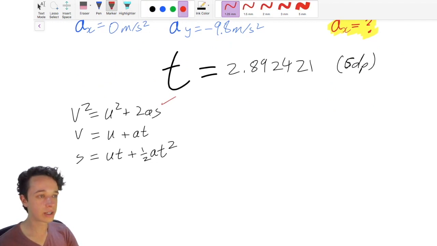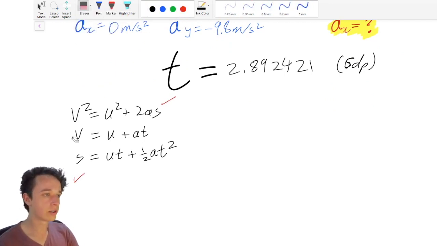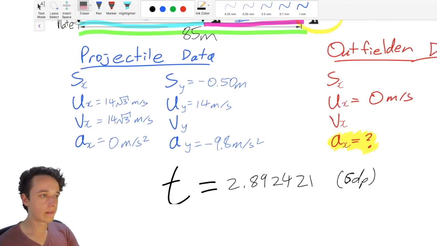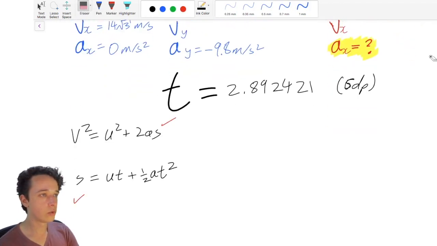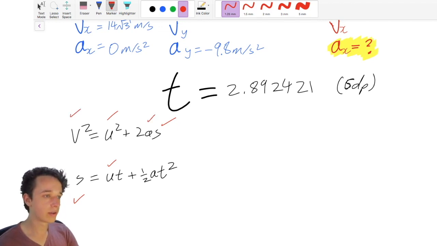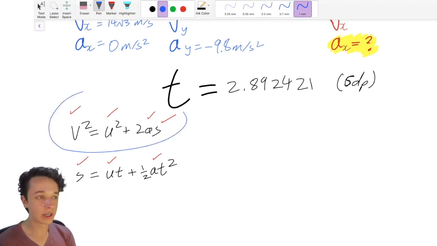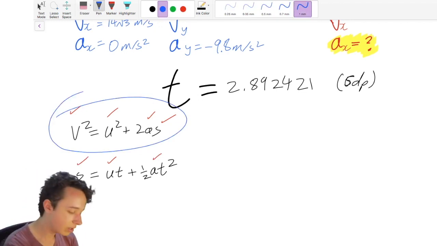So the first equation has an s in it, and the third equation has an s in it. So this second equation we can't use. We have a u, so both of these have a u. We have a v, the first one has a v, the second one doesn't. And we have an a, both of them have an a. All right, so this equation here has all the things ticked. Why don't we use that?